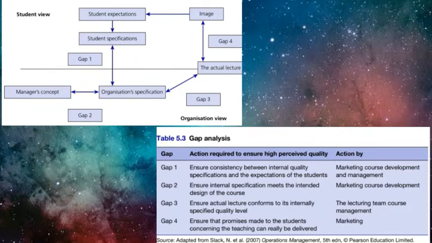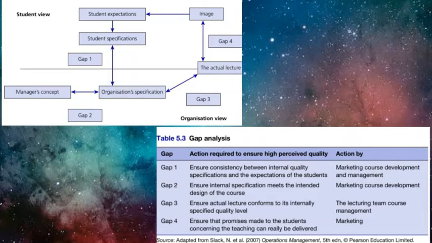For example, 25 years ago, most of the teachers used acetates and overhead projectors in the classroom. So today, in this generation, students expect a computer-generated image, example PowerPoint, to discuss the lecture. As you can see in the picture for the student view, for the gap one is the student expectation are based upon in the university, and for student specification is for what she or he expect from the lecture.